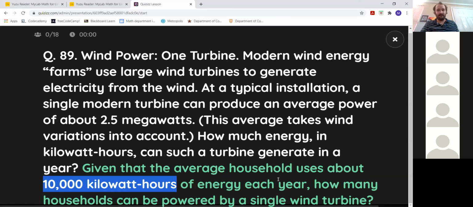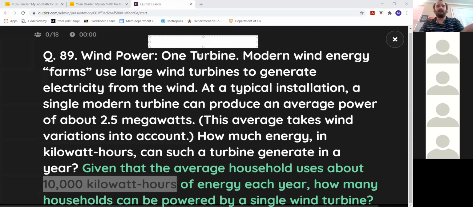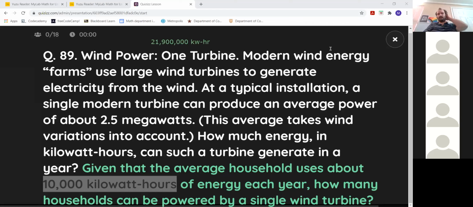So how many households can we supply is the question. And it was 21,900,000 kilowatt hours is what the wind turbine was generating from the previous one. So if each house requires 10,000 kilowatt hours, how many houses will this supply?